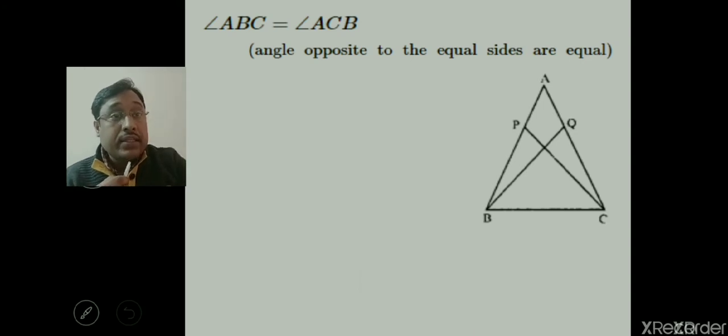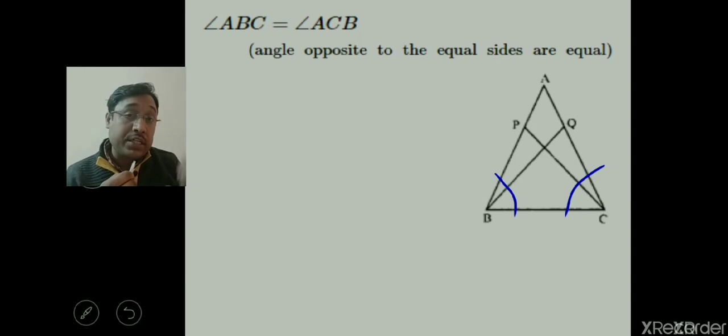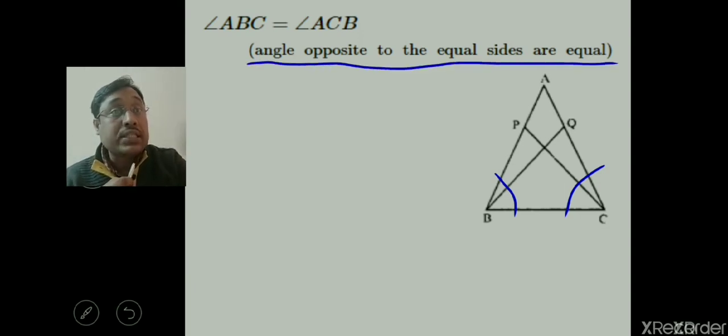Why? Because these are the angles opposite to the equal sides of an isosceles triangle. So the reason I have written is that angles opposite to equal sides are equal in an isosceles triangle or any other triangle.